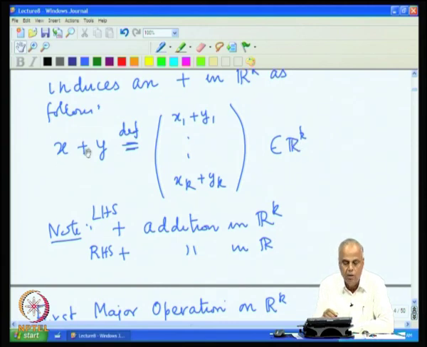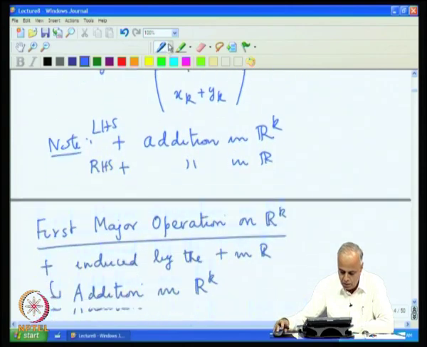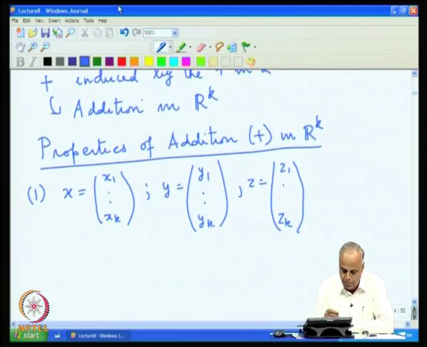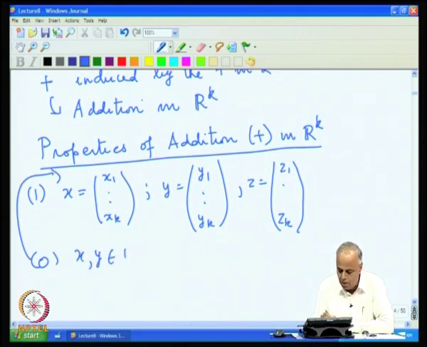So, the plus of two R k elements is again an R k element. Let us note that as property 0, that is, x and y belong to R k implies x plus y belongs to R k.